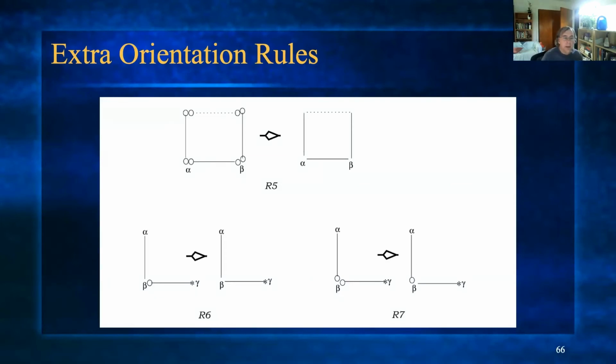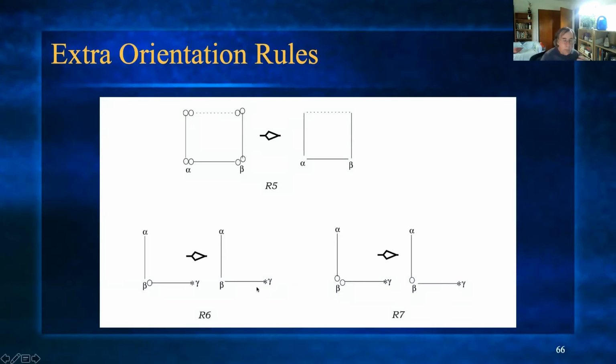So for example, if I ever see an undirected edge come into an edge which has a circle at the end, then I have to make this circle into a tail, where that tail now means that beta is an ancestor either of gamma or of a selection variable.